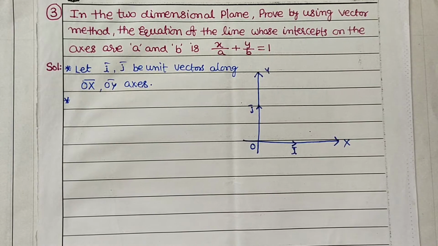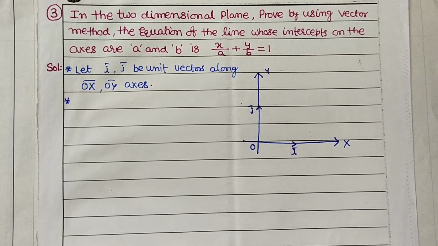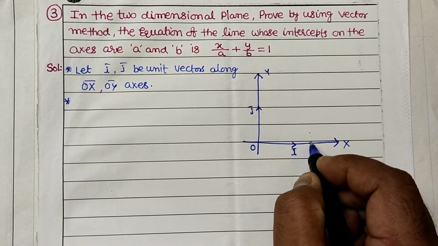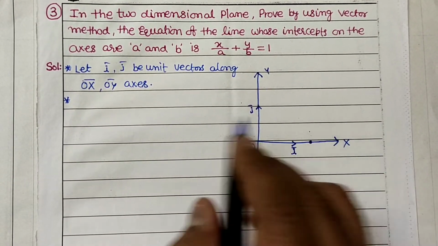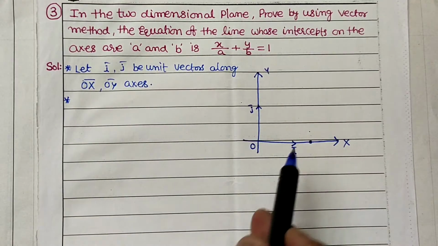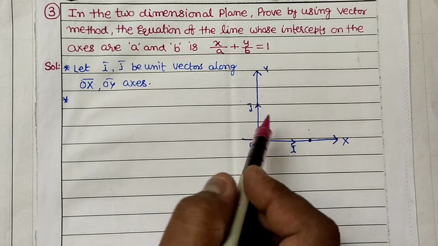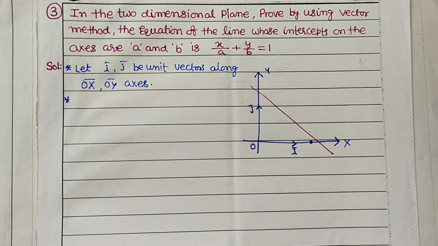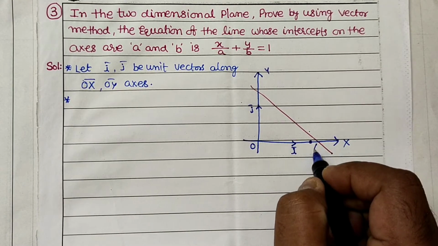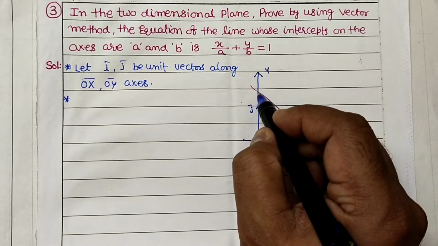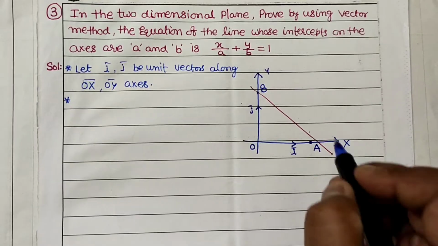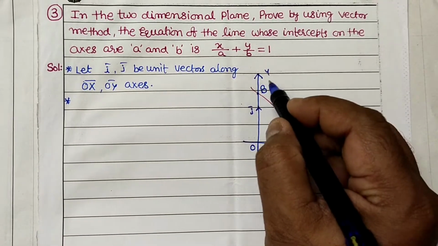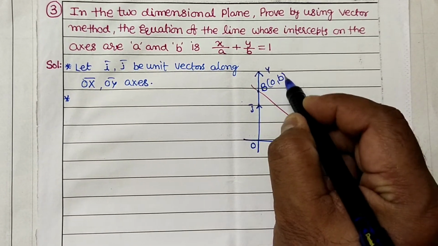After that, you have to assume the points on x-axis and y-axis. So they are giving the intercept now. So here I am drawing one line which intersects on x-axis at A and on y-axis at B. So here I am taking the point is a comma 0, and here on y-axis x coordinate is 0, means 0 comma b.